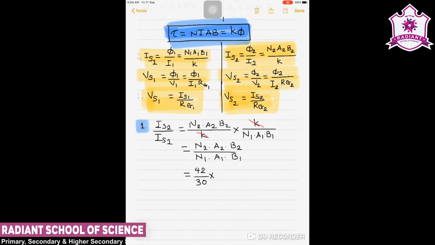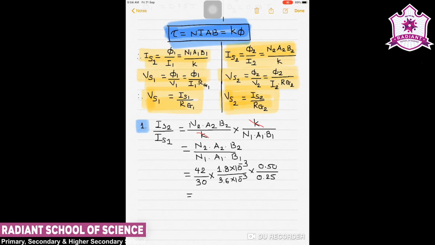A2 is 1.8 into 10 raised to minus 3, while A1 is 3.6 into 10 raised to minus 3, B2 is given 0.5 and B1 is given 0.25. When we solve this, we get the value 7 by 5.